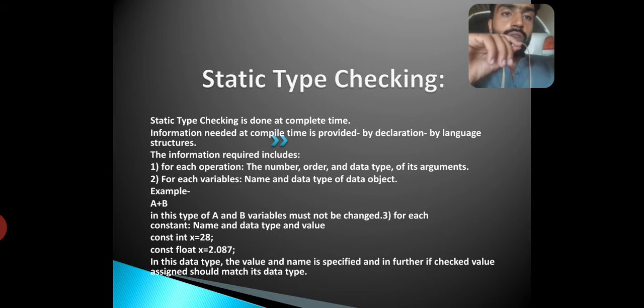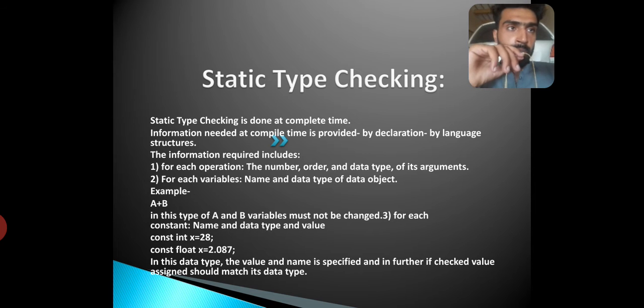Number two, for each variable, the names and data types of data objects. For example, A plus B: in this, the types of A and B variables must not be changed. Three, for each constant, name, data type, and value. Constant int x is equal to 8. Constant float x is equal to 2.087. In this, the data type, the value and the name are specified, and further, we check that the value assigned should match its data type.